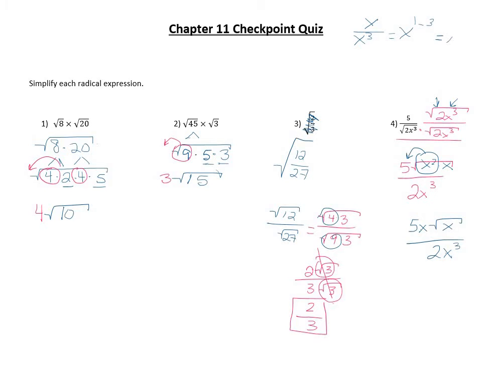And so 1 minus 3 here is going to be -2. And in order for this to be positive, the x needs to live in the denominator. So if I take an x away from here, and take one away from here, it becomes x squared. So your final answer would be 5 square roots of x divided by 2x squared.